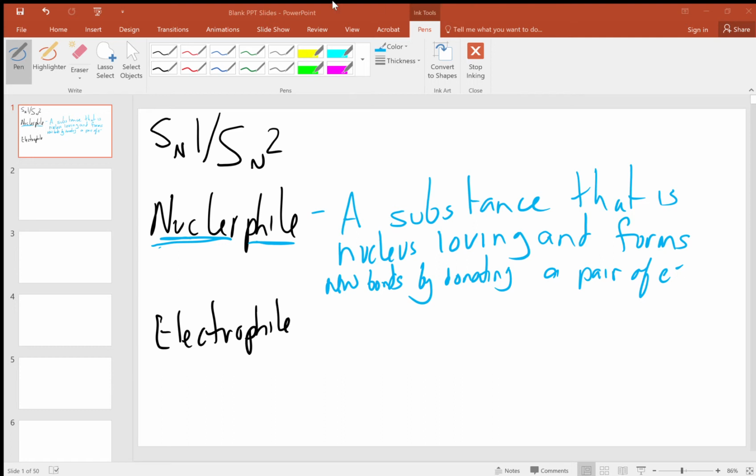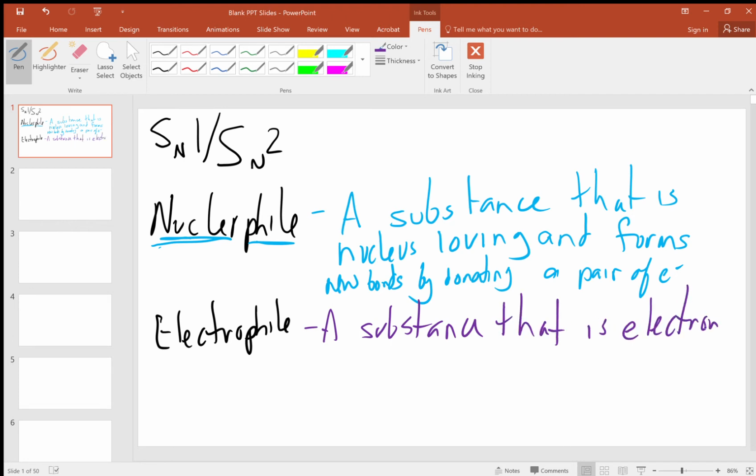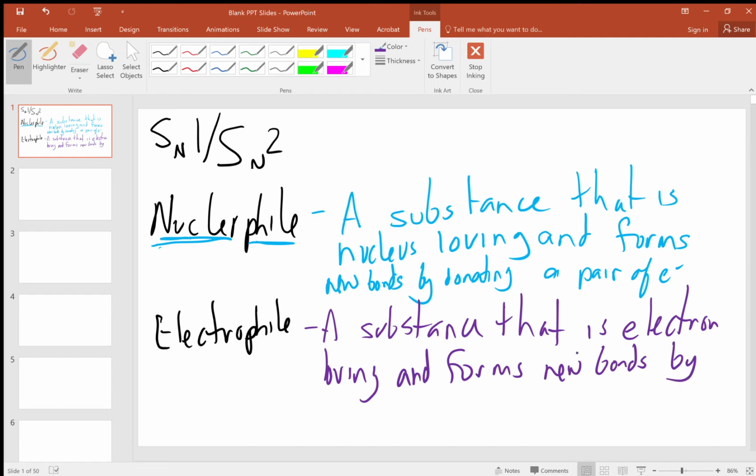That's essentially the opposite of an electrophile. An electrophile is electron-loving. And it forms new bonds by accepting a pair of electrons.